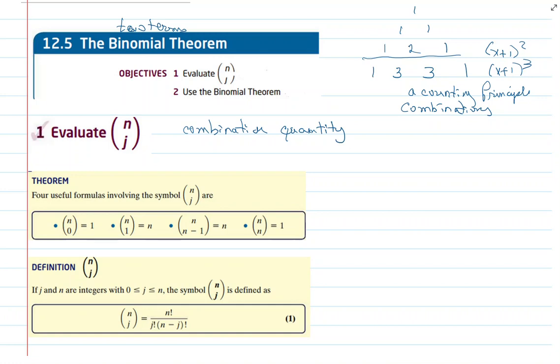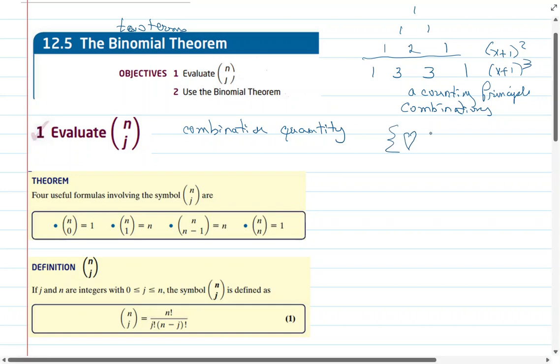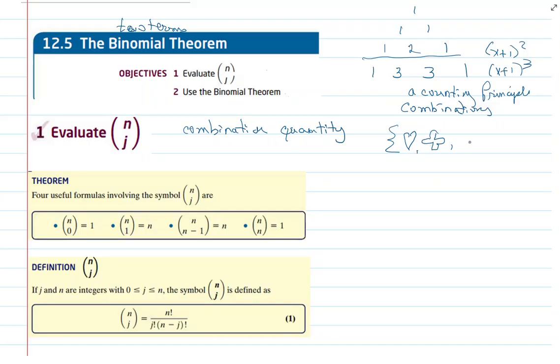So if I have a set, and I have hearts and clubs and spades and diamonds. Okay, this is my set. Well, I'm seeing how many of that proportion. If I have none used, I'd have one set.